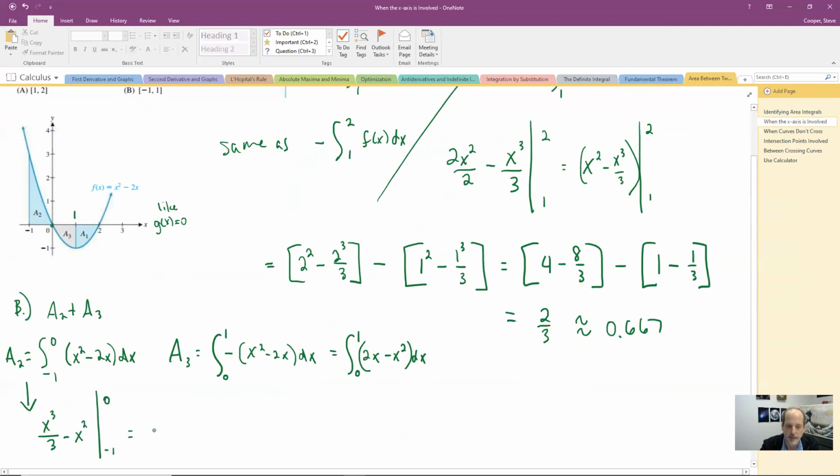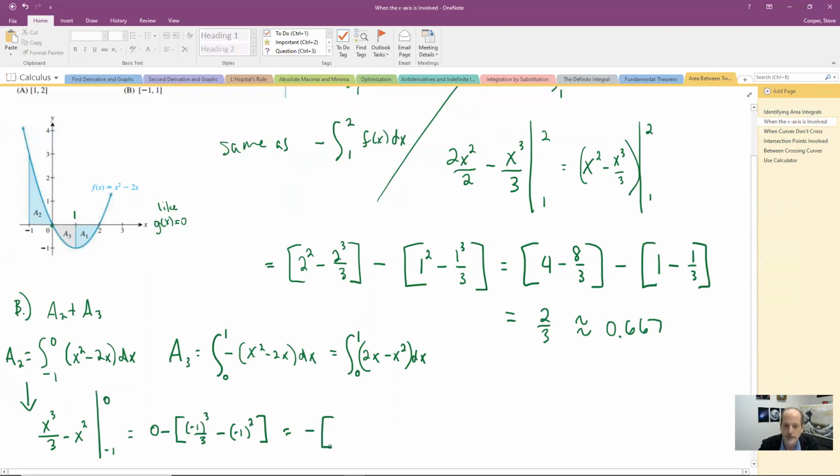So when I plug in the 0 for these, I get 0 in both cases, minus, now we'll plug in the negative 1. Negative 1 cubed over 3 minus negative 1 squared.